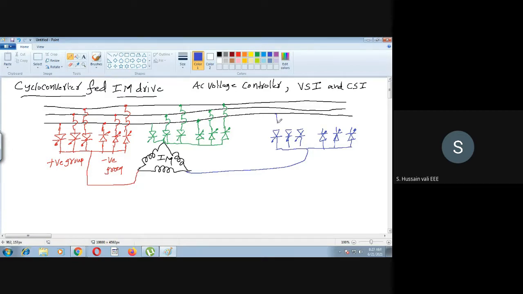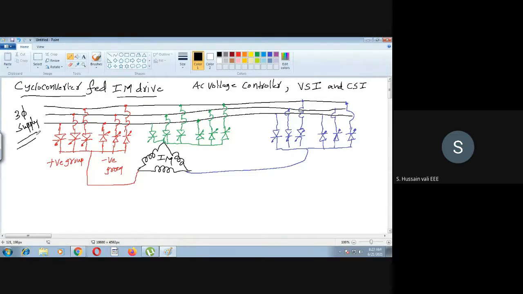Okay, this is the cycloconverter. I hope you can understand that the three black lines which I have drawn are the three-phase supply.